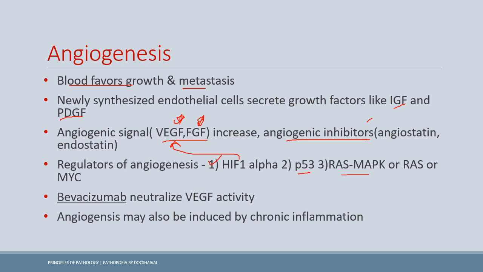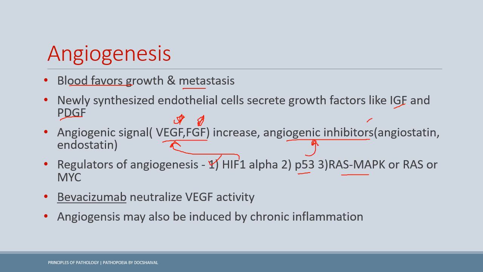It is also inhibited by the VHL gene, and therefore the VHL gene inhibits angiogenesis. Recall. Now, P53 mediates its anti-angiogenic role by using thrombospondin 1, and hence this thrombospondin 1 causes the angiogenic inhibitor activity.